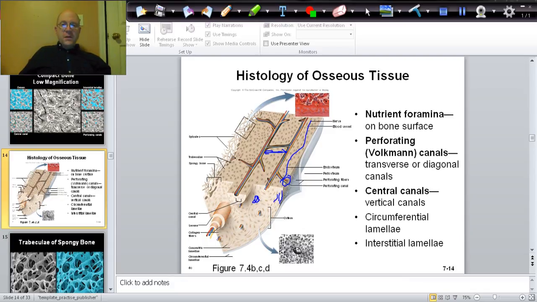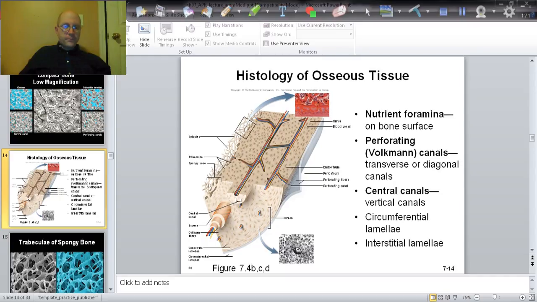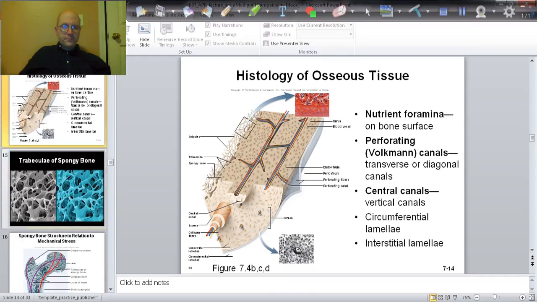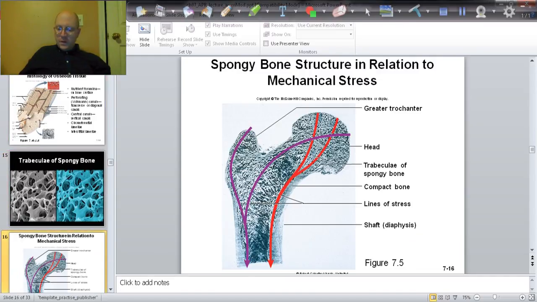All right, but before we finish, let's take one more look at spongy bone. Spongy bone consists of a lattice of delicate slivers of bone called trabeculae, and also spicules. The difference between them is minor.